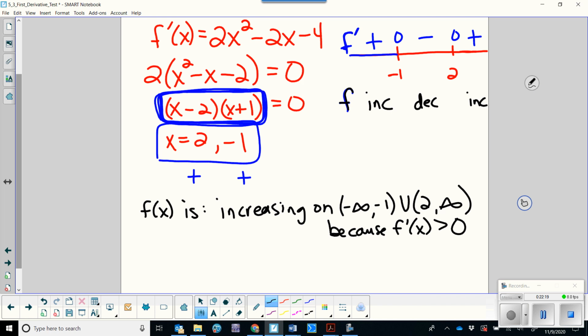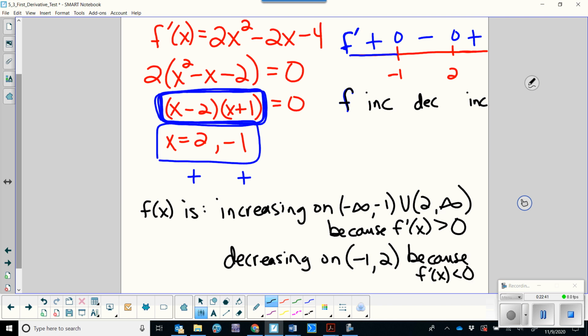So I don't have to write a paragraph. It's increasing on those intervals because f prime is positive, and it is decreasing on negative 1 to 2, so in between there. And again, my reason is very simple, because f prime of x is less than 0, and that's it. I've explained it. Okay, so the questions are pretty easy to give us lots of information. So that's how we're going to do that.